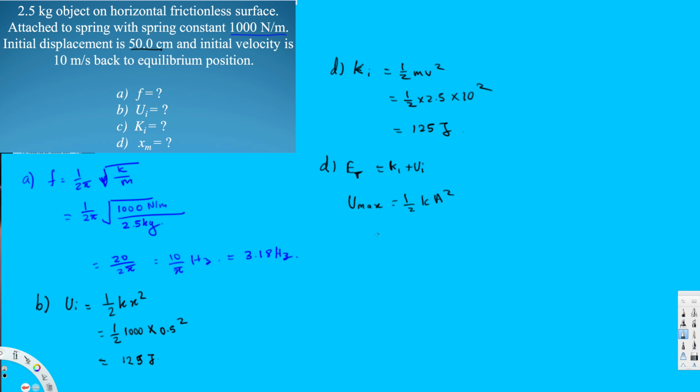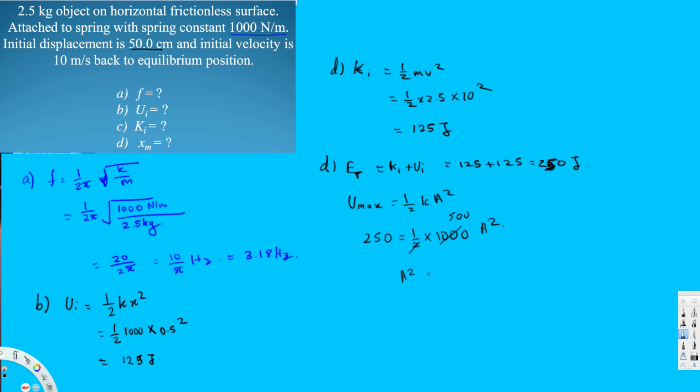So here what I can do, if I add this together, 125 plus 125 is equal to 250, right? So 250 joule for this one. So 250 is equal to half k, that we know, 1000 times A square. Therefore this one cancels, 500, and here I divide by 500.